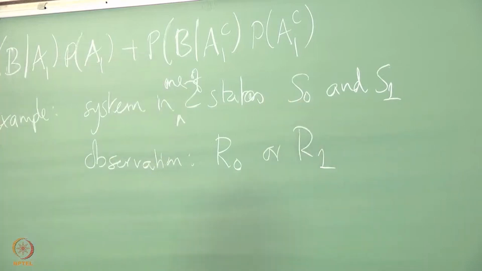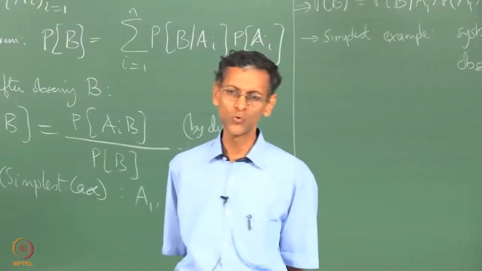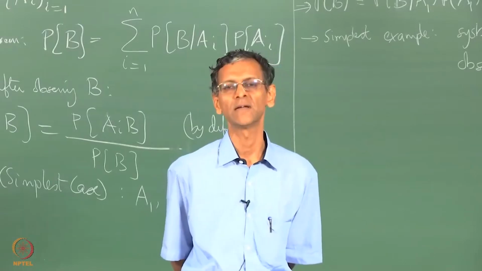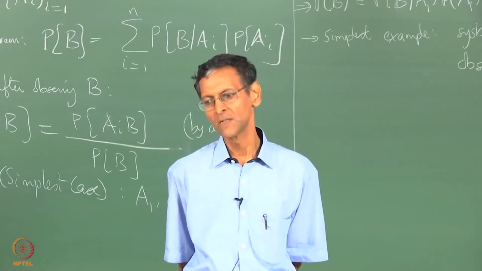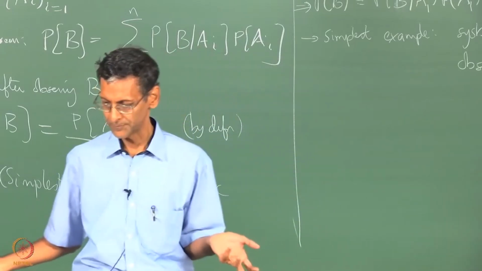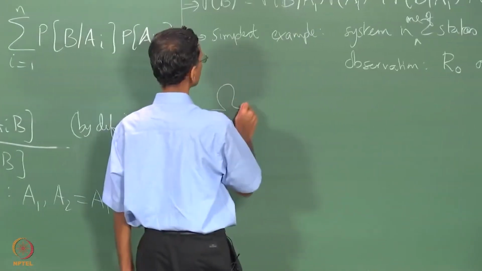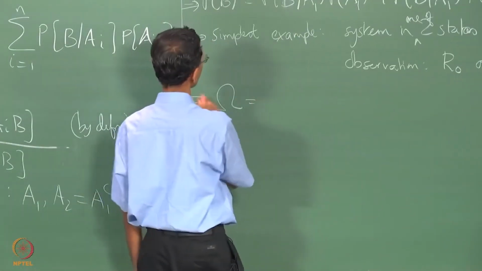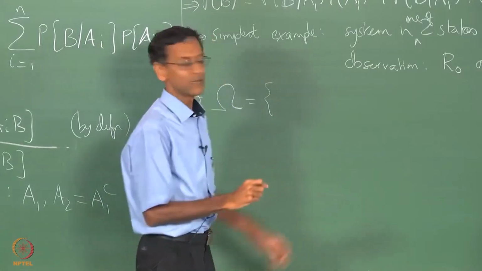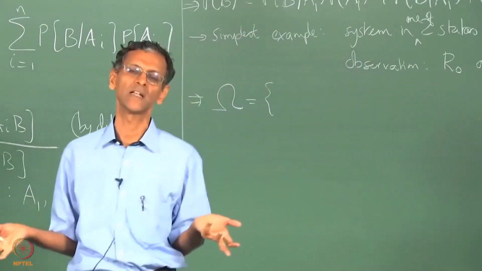So in a given run or trial of the experiment, the system takes one of the two states S0 or S1, and then you make an observation, which is R0 or R1. So it's essentially your omega, the sample space, which has just 4 points. This experiment is not complete until you make an observation.